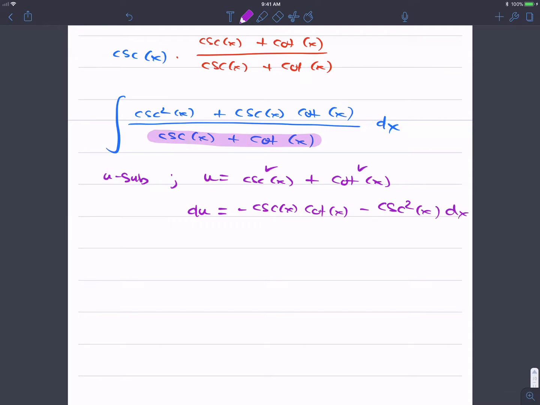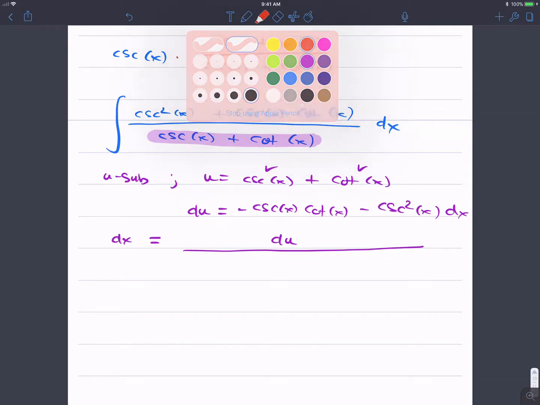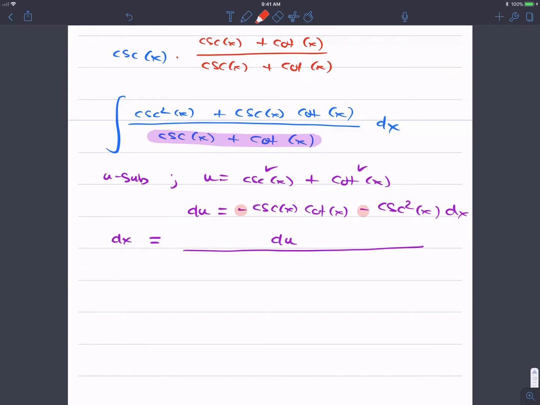And don't forget there's a dx there. So if I solve for dx now, I get du over that minus cosecant. And I want to do something here to remind you. There's a negative here and a negative sign. I'm going to factor out a negative 1.